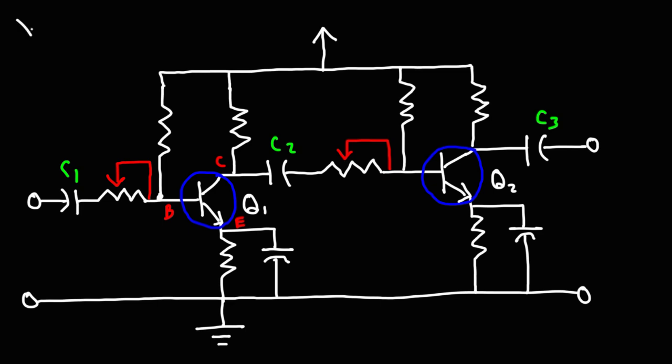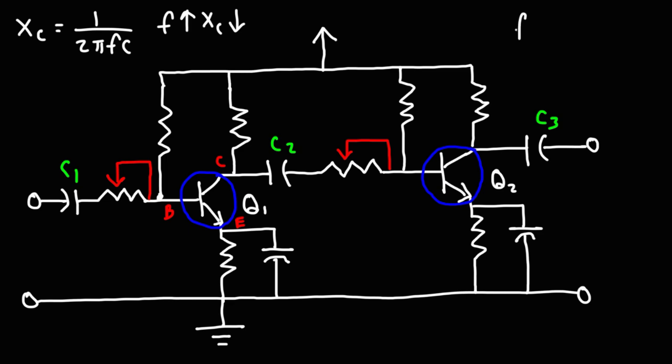The formula for the capacitive reactance is 1 over 2 pi fC. So as the frequency increases, the capacitive reactance decreases. So if you want to amplify a low frequency signal, such as a sound wave that has a lot of bass, then you want to use large values for C1, C2, and C3.